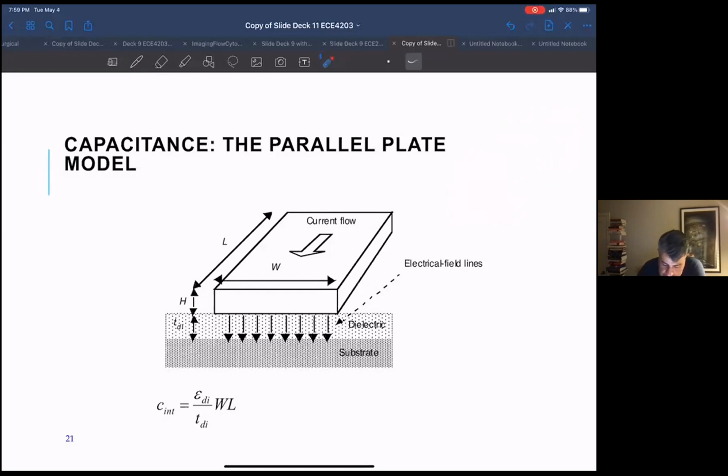Basically the idea is you have a metal plate sitting over an infinite substrate, with a dielectric of certain thickness between them. The model for the capacitance is the dielectric constant of this dielectric divided by the thickness, times your width times length. That's your parallel plate model of capacitance.